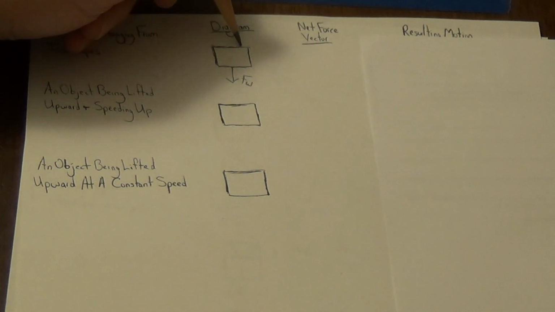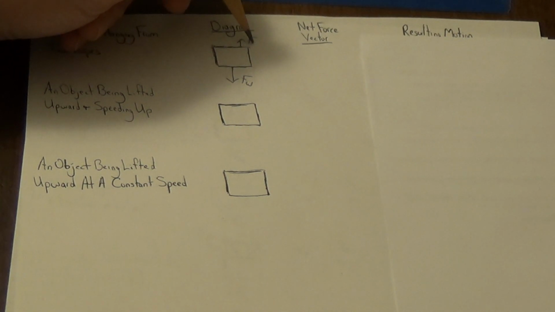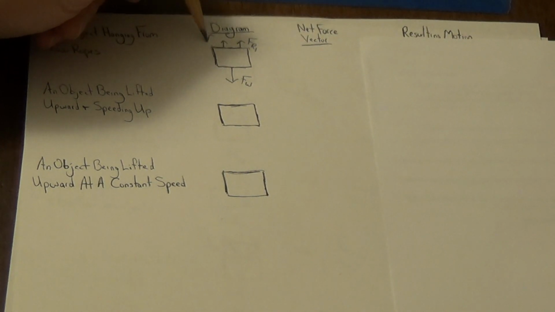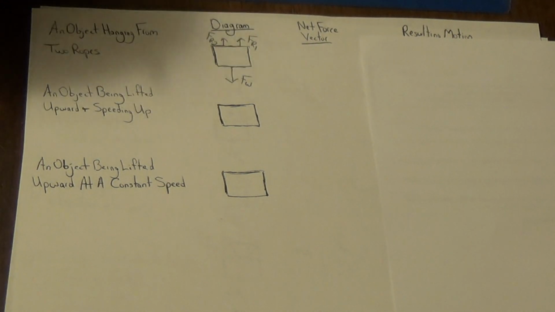But if it's 2 ropes, you could draw it this way where you've got a small force of, let's say, rope 1, and another small force of rope 2, and those two add up to be an upward force that's equal to the weight down. So then what happens?